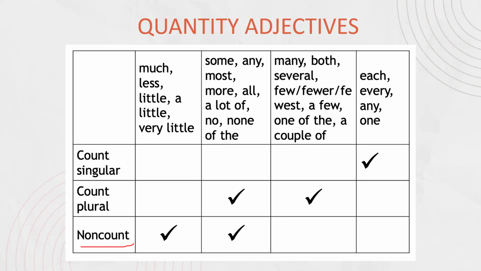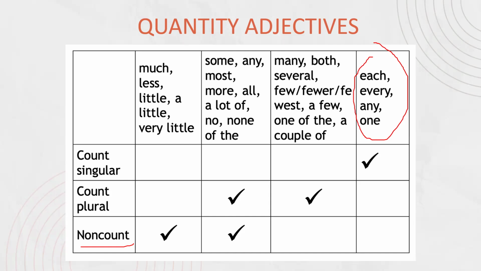For count singular nouns, you use each, every, any, only, okay? Each of the books were wrapped cleanly, all right? Every day is a new beginning. Okay, so let's take a look at the example sentences.